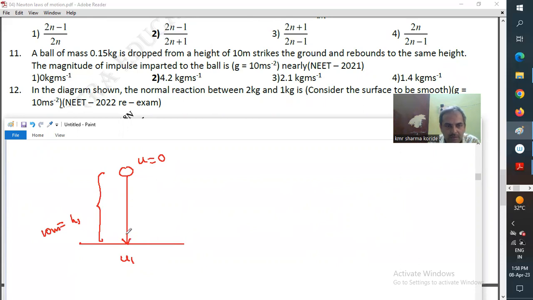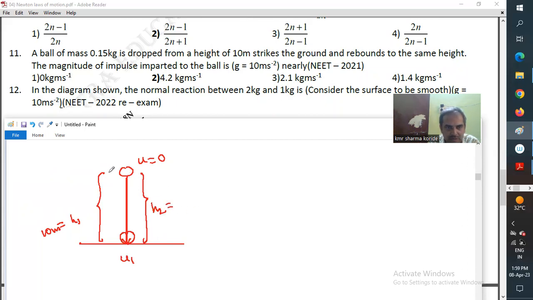Then in general it travels along the same path. For the sake of understanding, most of us just draw the diagram like this, but try to understand that it moves up along the same path. So it covers the same distance in vertical motion also. You call it h2.